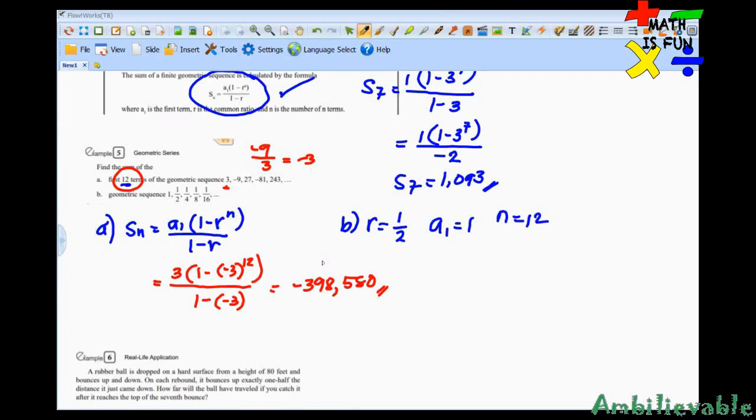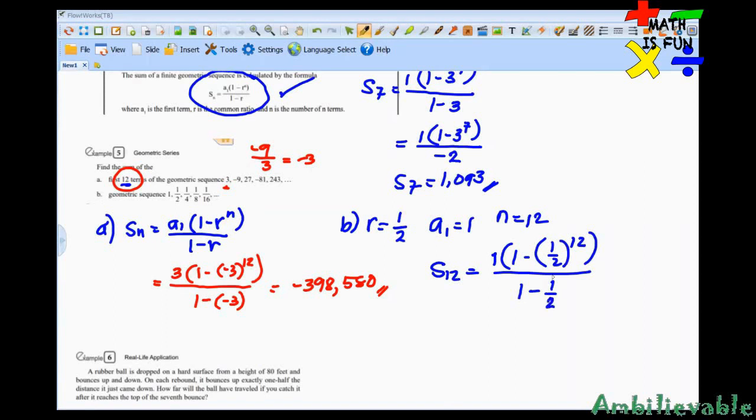All right. So therefore, we have the first 12 terms of the geometric sequence. So we have S sub 12 is equal to, first number is 1, 1 minus the common ratio, which is half, raised to 12, all over 1 minus half.